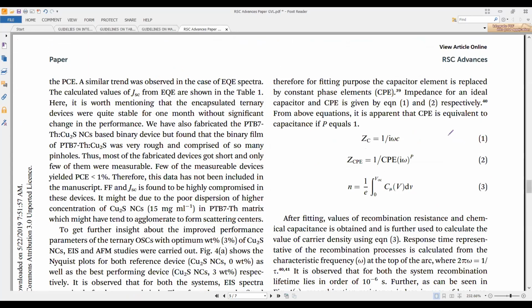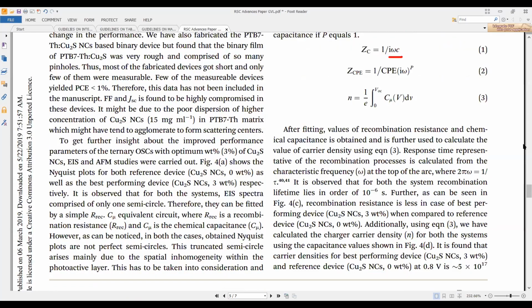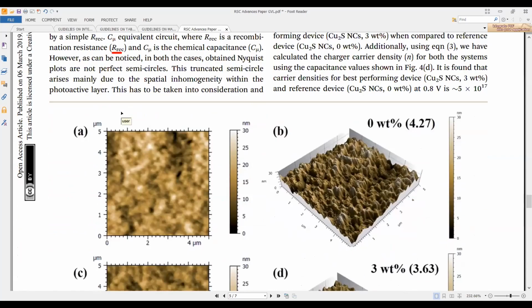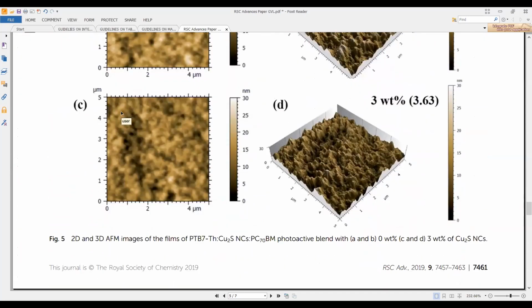Equations, omega c, these are italics. Italics. Figures again.